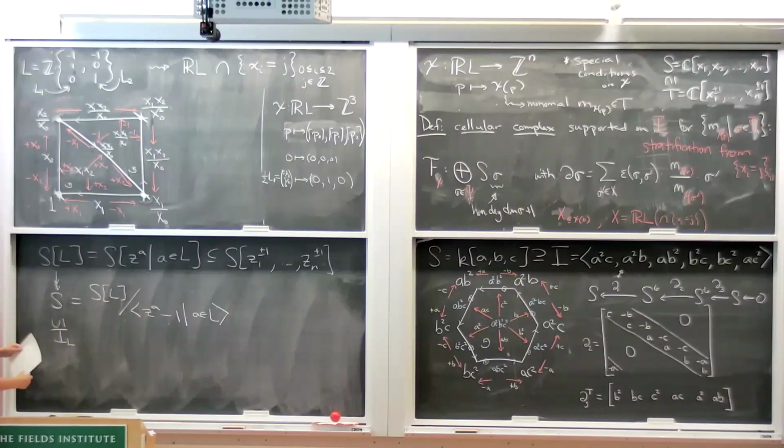If I take just the module spanned by the vertices you see here in this picture across the entire plane, and then I tensor over this with this, I get S mod IL. This is something Bayer and Sturmfels showed in this case.